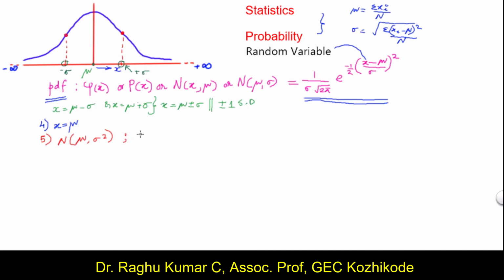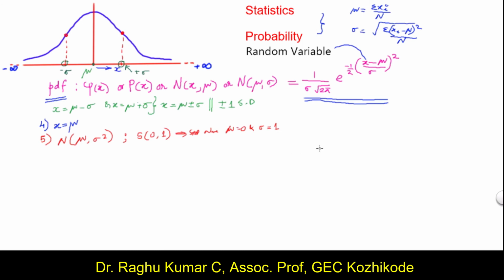The standard normal distribution, if I use a symbol say S for the time being, is the same N but with 0, 1. That is, in the standard normal distribution mu is equal to 0 and either sigma or sigma square is equal to 1. That is the difference between the two.